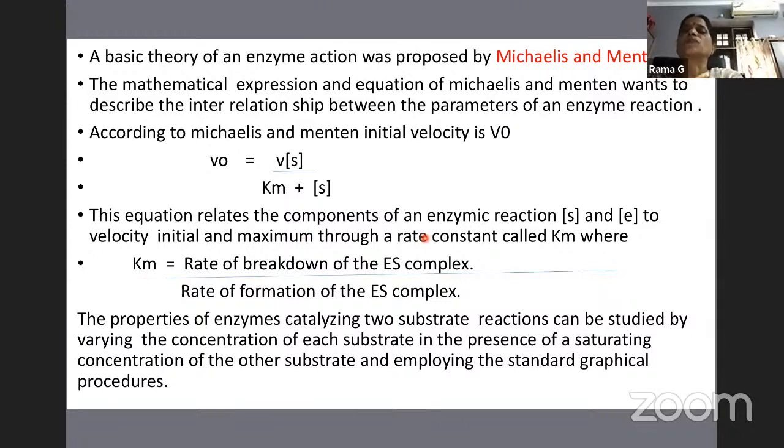That is Km. So, breakdown of the ES complex. Breakdown of the ES complex means, as these reactant substrate molecules join with the enzyme, they develop the enzyme substrate complex, and this is the rate of formation of the enzyme substrate complex. Initially it is 0. That means at the starting stage of the reaction, the rate of formation of the enzyme substrate complex is slow.